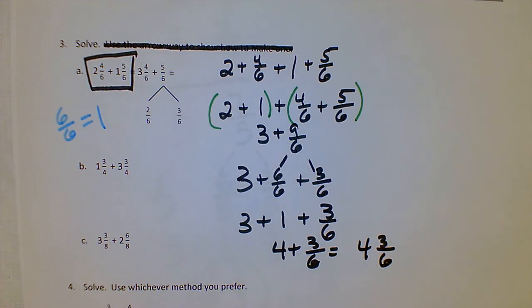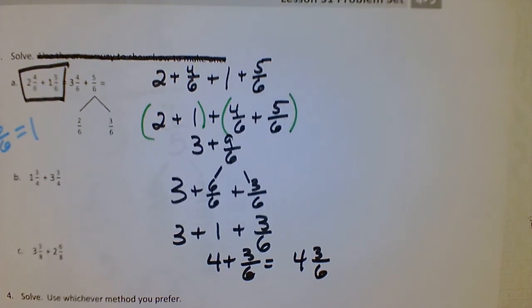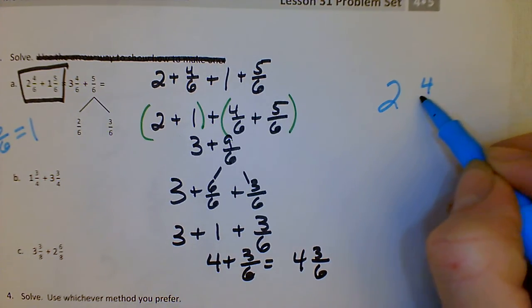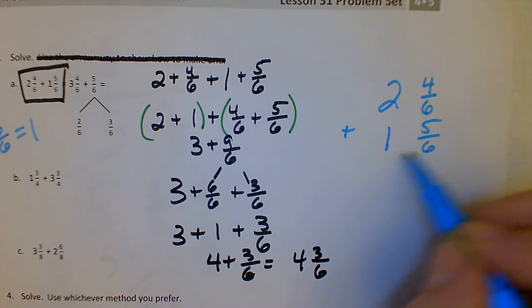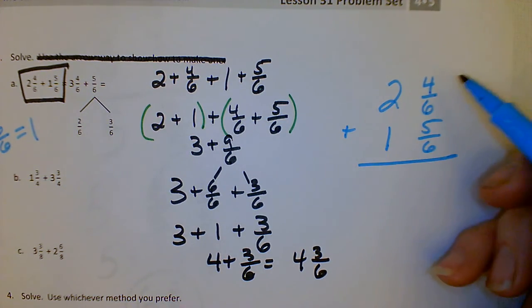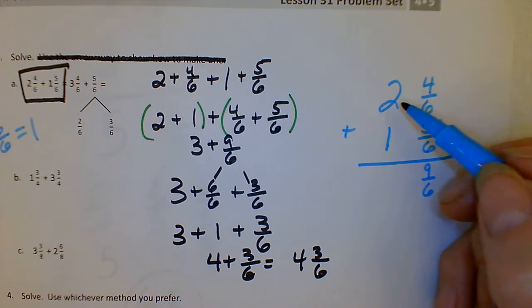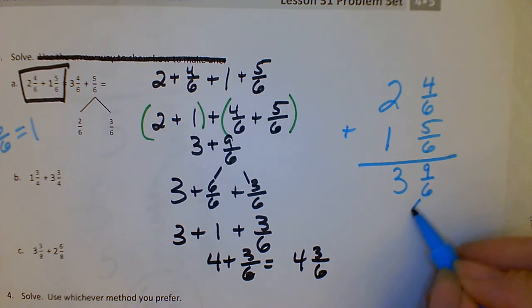Again, the other way that we could have done this was to stack them and add them. So we started with 2 and 4/6, and we're adding 1 and 5/6. Then I wrote that a little big, sorry. So 4/6 and 5/6 is 9/6, and 2 plus 1 is 3. But then again, I have to take this fraction greater than 1 and convert it to a mixed number.